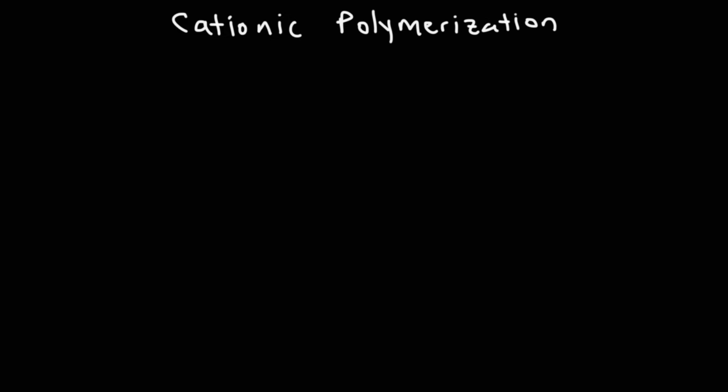Now the next type of polymerization reaction that we're going to talk about is a cationic polymerization reaction. In this case, what we're going to do is we're going to use an electrophile to initiate this reaction.